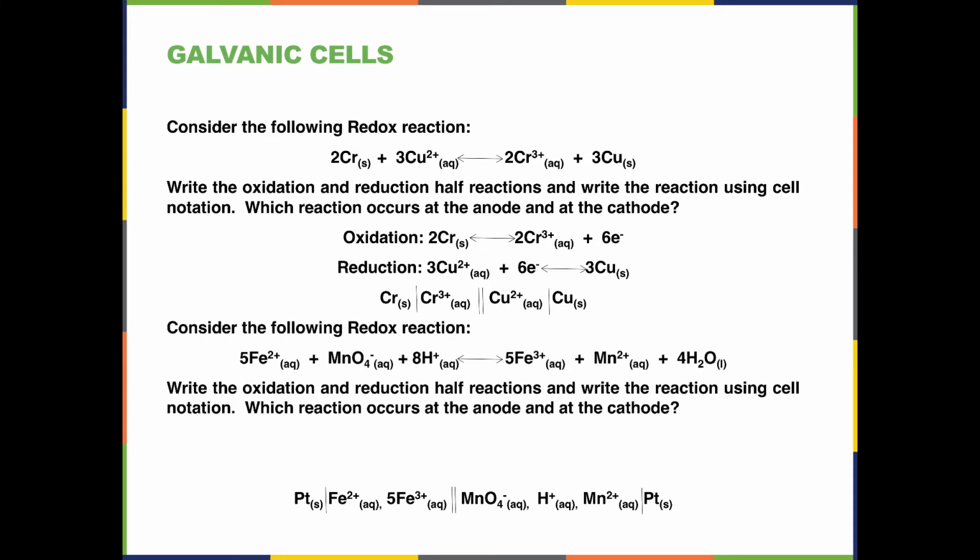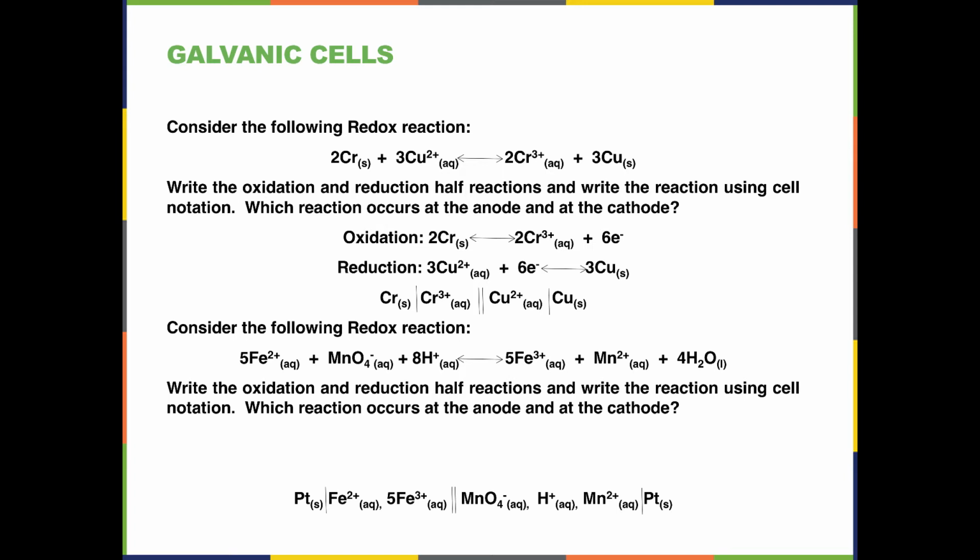And then if we look at a second reaction and we look at the same question, iron reacts with manganese to form, and you see that what happens here is iron is oxidized to form ferric, or iron 2 to form iron 3.